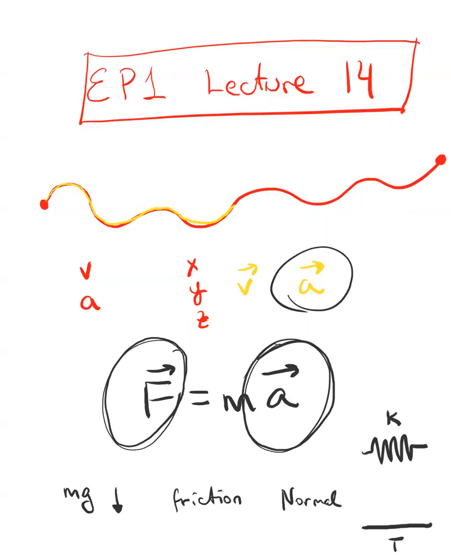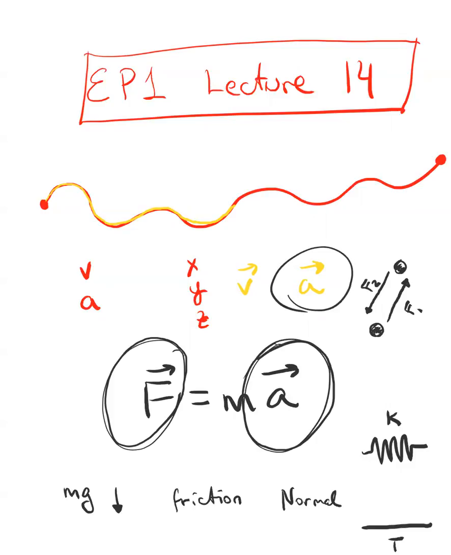And we also learned that if you have object 1 here and object 2 here, if object 1 applies force F1, then object 2 applies an equal and opposite force F2. So the force of action is equal to the force of reaction.